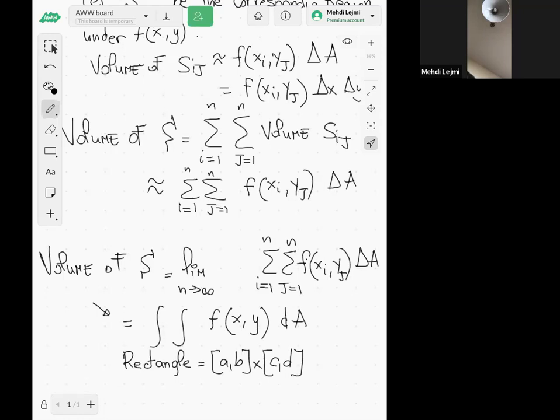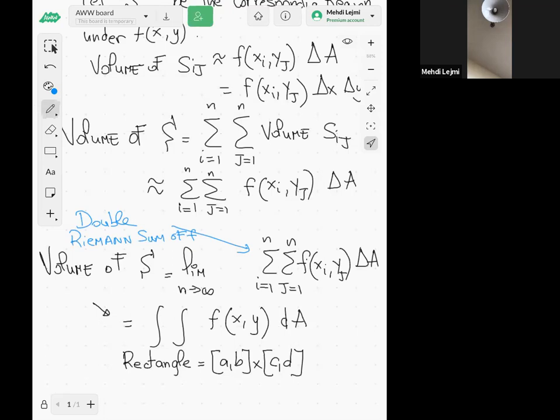So this is kind of like a double Riemann sum, right? For a single variable, we have a Riemann sum. So this is a double Riemann sum of the function f over, of course, the rectangle AB cross CD.